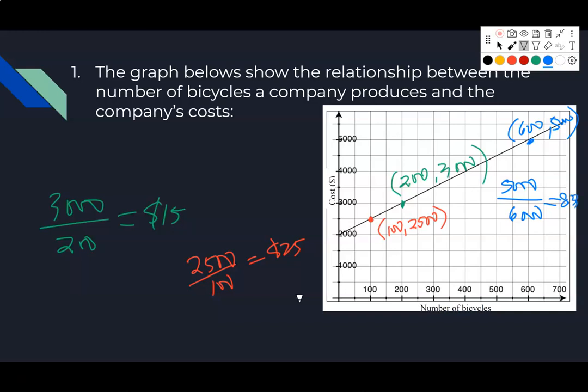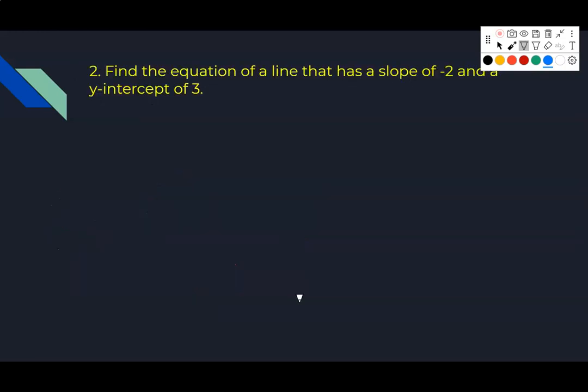So that's why, again, her calculation is incorrect. And the interpretation that each bicycle costs $25 is incorrect, because based on this, look at this, it's 15, this is 8.33, so we cannot use that.